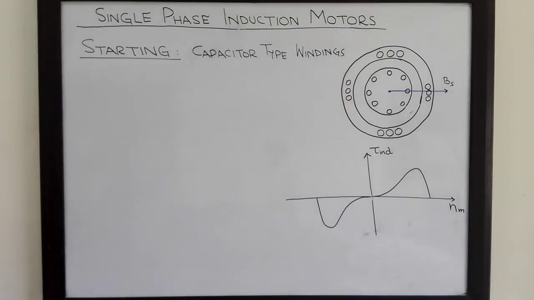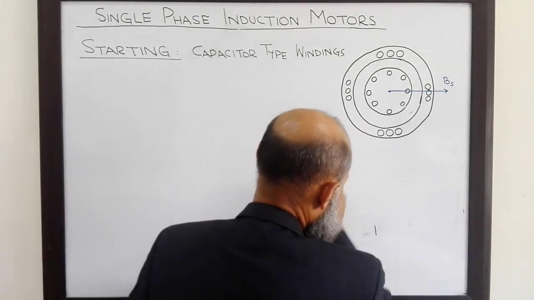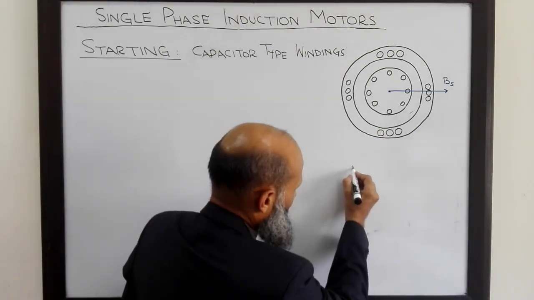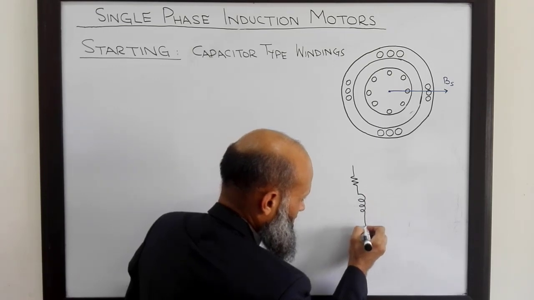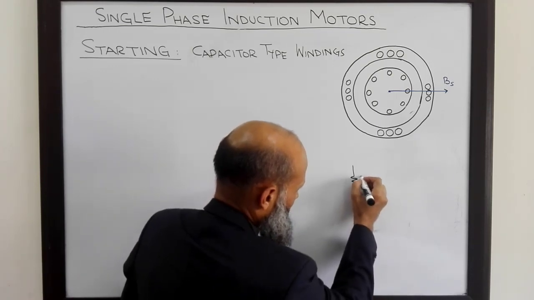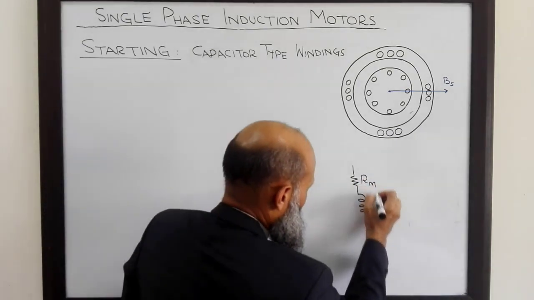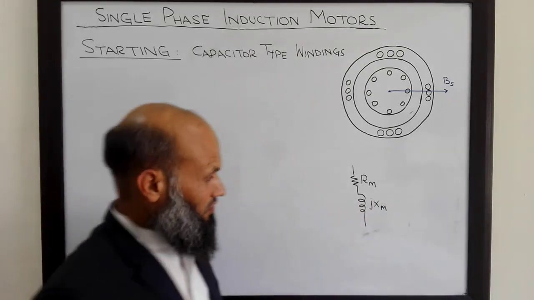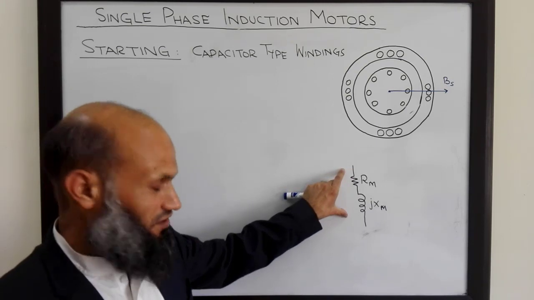So if we look at the electrical connections of these windings, that is given by this diagram, we have main windings, and there is a resistance of main windings and inductive reactance of main windings. So this is denoted by Rm and jXm. So this is just to show the electrical connections.